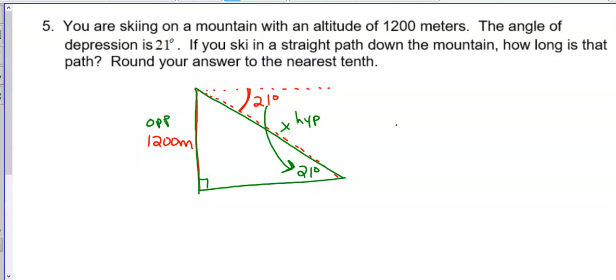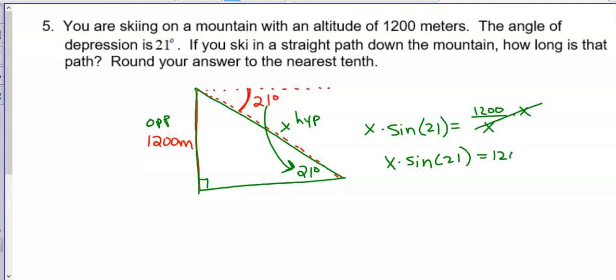So we are going to say sine of 21 is equal to opposite 1200 over x. This is one that's more work. You have to multiply both sides by x. So x sine of 21 is equal to 1200. Then divide by the sine of 21.